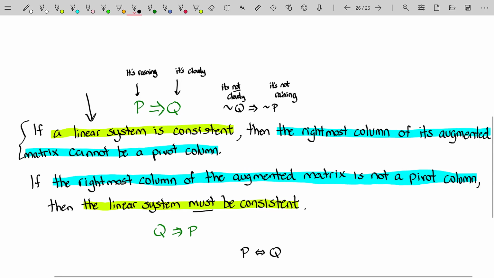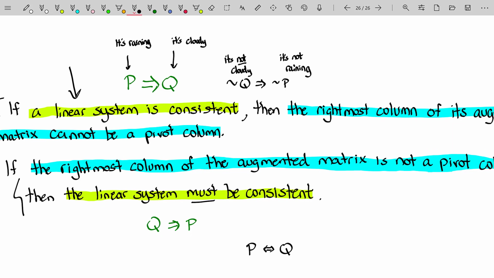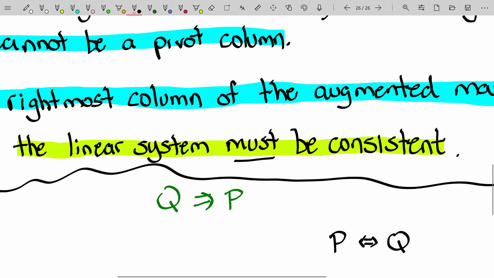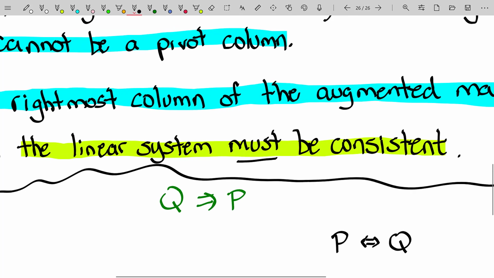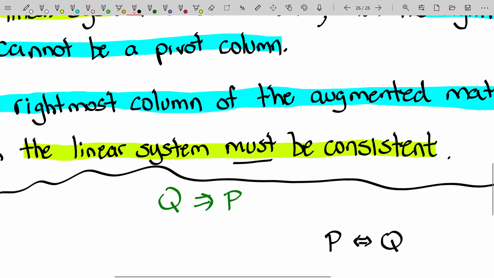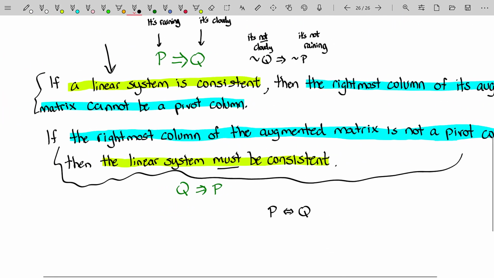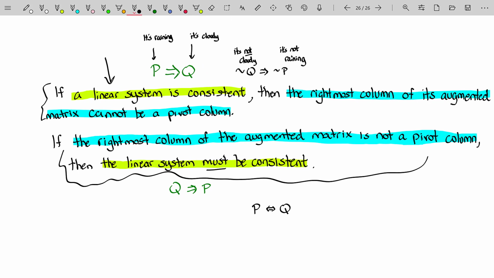By the way, you could also look at the contrapositive of this piece right here. Just take the negation of this yellow statement. The then part: suppose the linear system is inconsistent, then negate the blue part. That will imply the rightmost column of the augmented matrix is a pivot column.